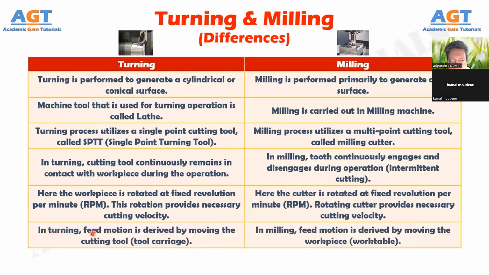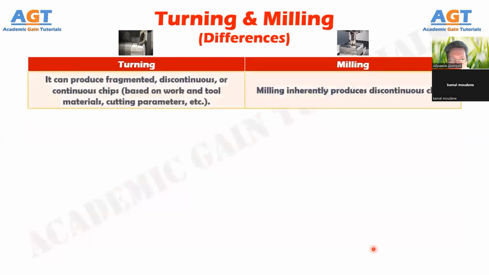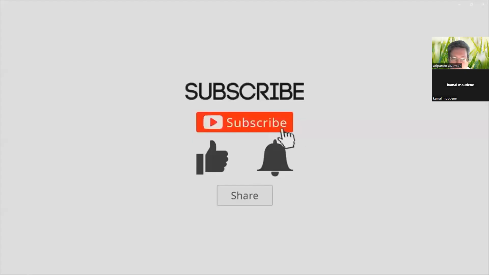In turning, feed motion is derived by moving the cutting tool carriage, whereas, in milling, feed motion is derived by moving the workpiece, workable. And difference number 7. Turning can produce fragmented, discontinuous, or continuous chips based on work and tool materials, cutting parameters, etc., whereas milling inherently produces discontinuous chips.